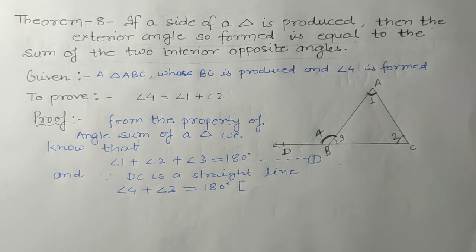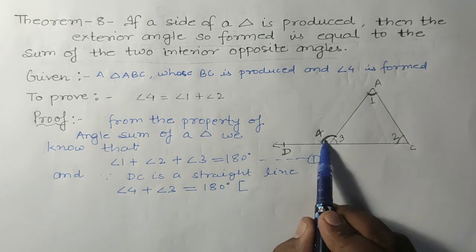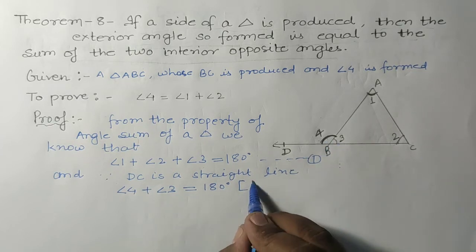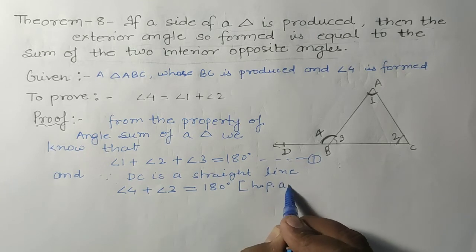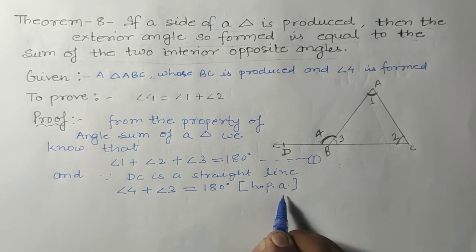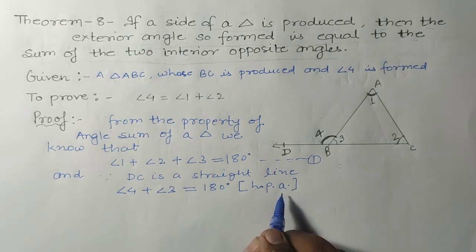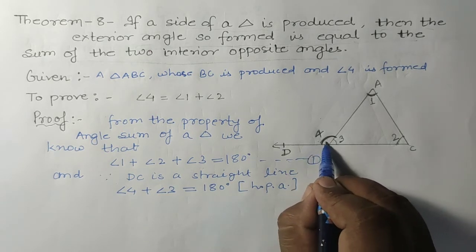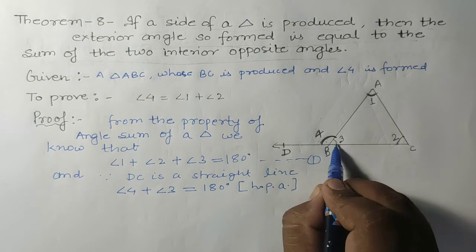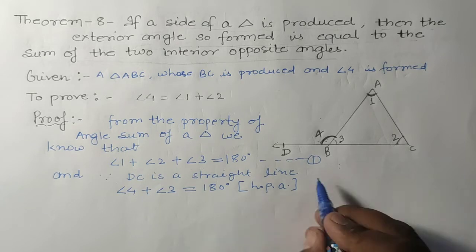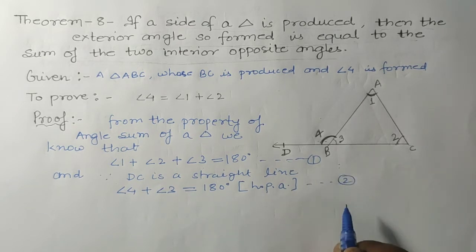The reason is these are adjacent angles, or you can say linear pair angles. The more appropriate is linear pair axiom. What is the full form of LPA? Linear pair axiom. Linear pair axiom means both the angles are made on the straight line, so their sum will be 180 degrees. Suppose it is your equation number 2.